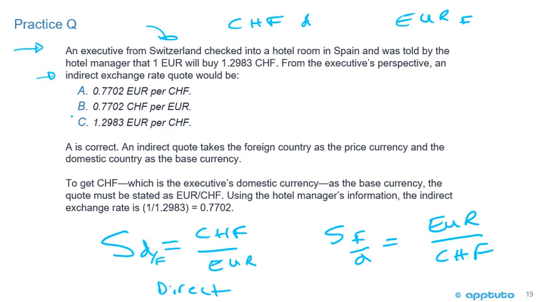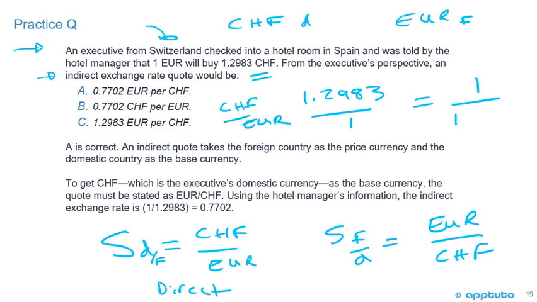And then we're given an exchange rate here. €1 would buy 1.2983. So again, if I start with my direct quote, 1.2983 divided by 1, that gives me my CHF over my euro. So if I move that to an indirect quote, I'm going to have €1 in the numerator divided by 1.2983.